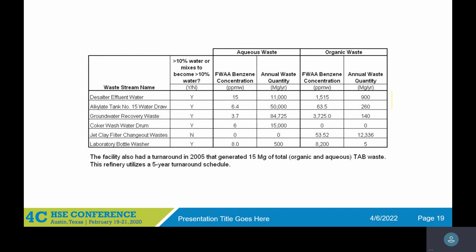We're doing an exercise. You guys know how to calculate your TAB? Okay.